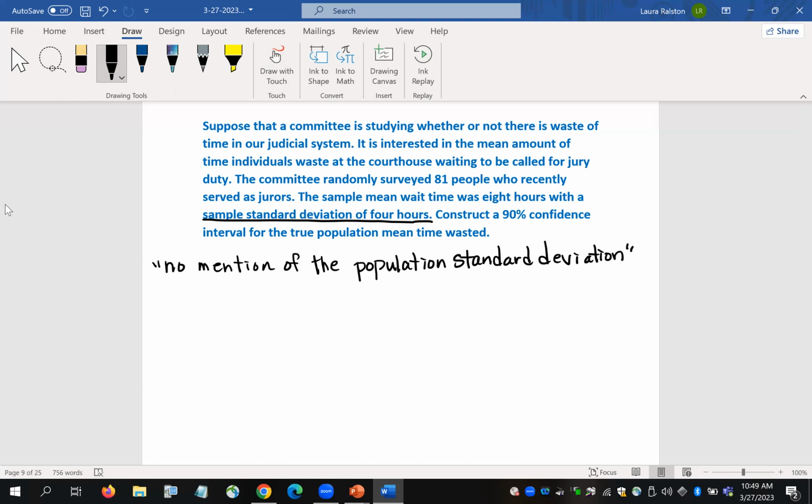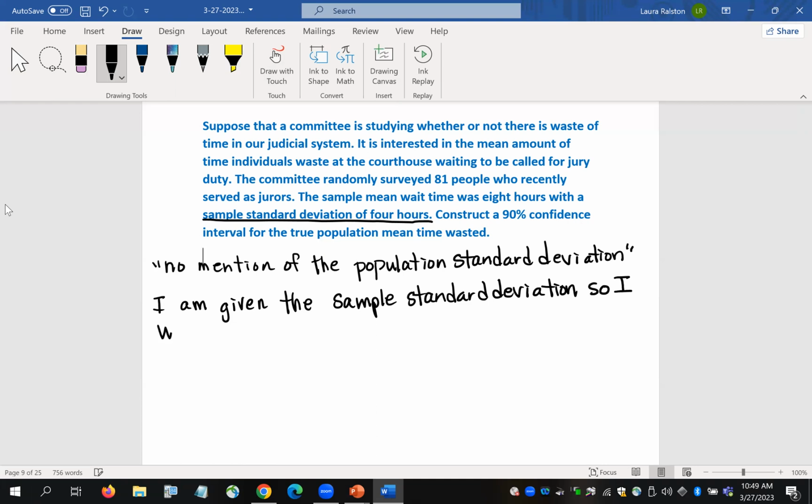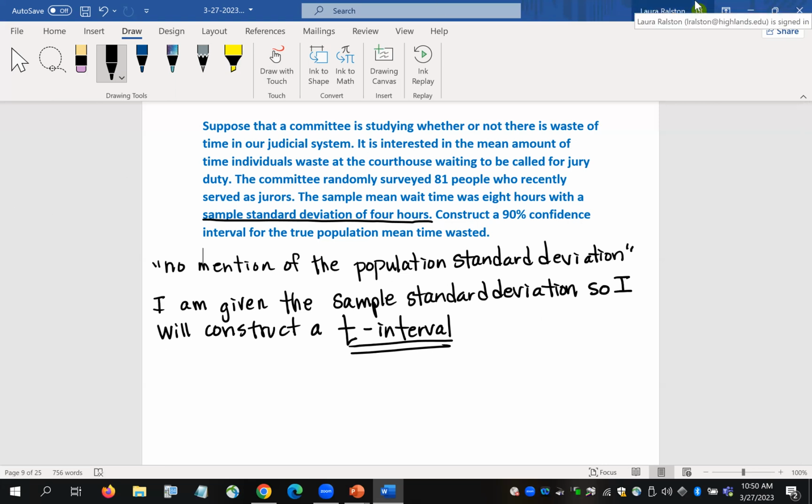But I am given the sample standard deviation. So I will construct a T interval.